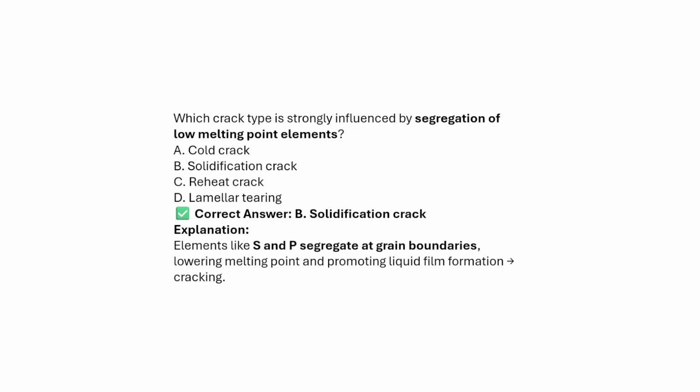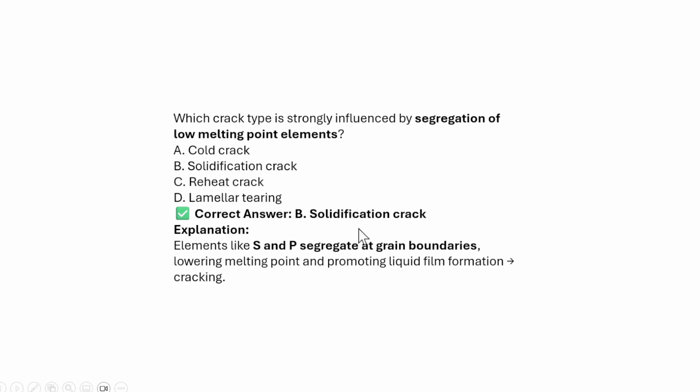Which crack type is strongly influenced by segregation of low melting point elements? It will be option A, cold cracking? No, cold cracking is by hydrogen embrittlement. Solidification cracking, reheat cracking, laminar cracking.